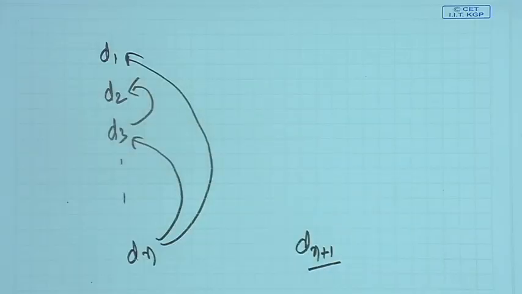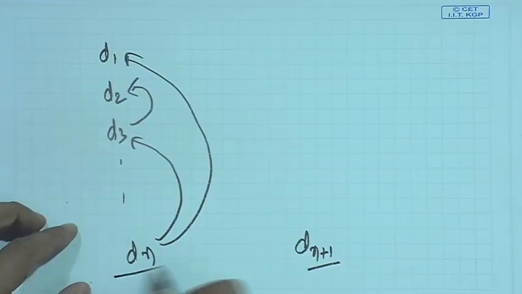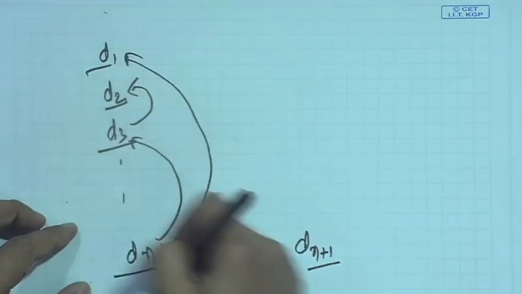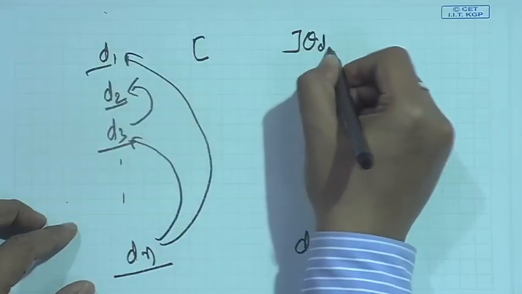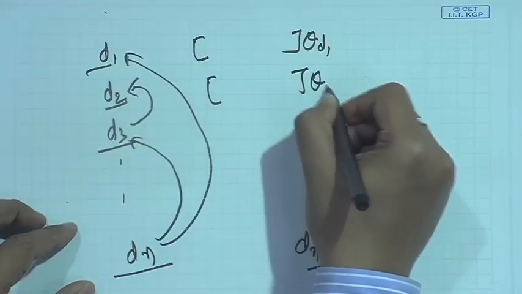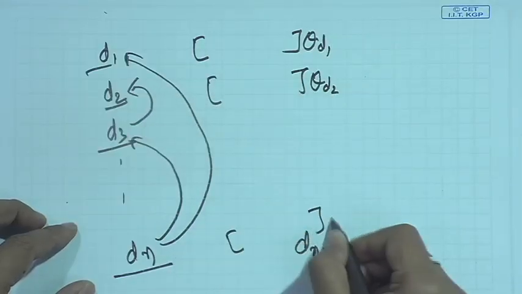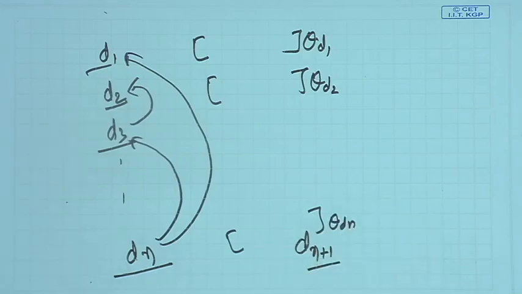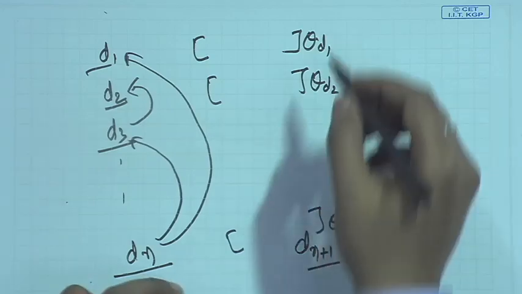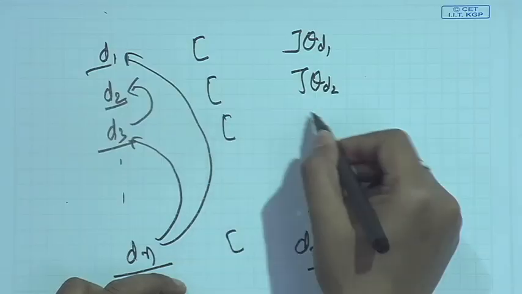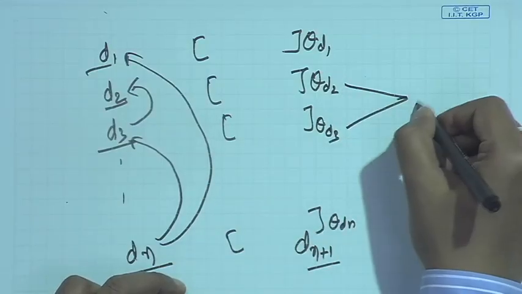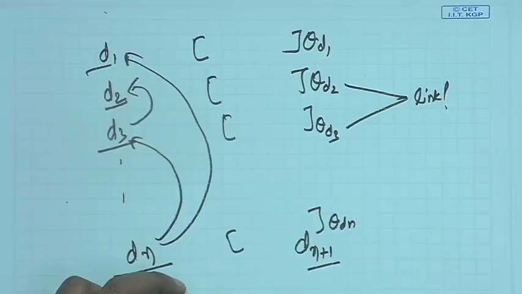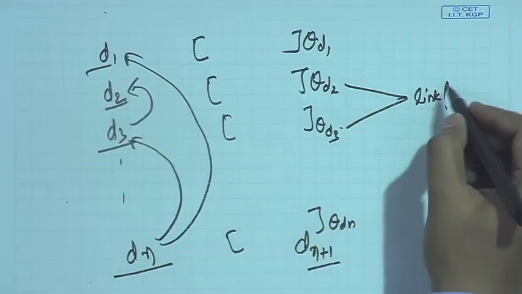Suppose using LDA, I will first run an LDA over this corpus, and I will find out the topic distributions theta D1, theta D2, up to theta Dn. Then I try to model, given theta D2 and theta D3, will they link together, or whether D3 will link to D2. How will I model this?